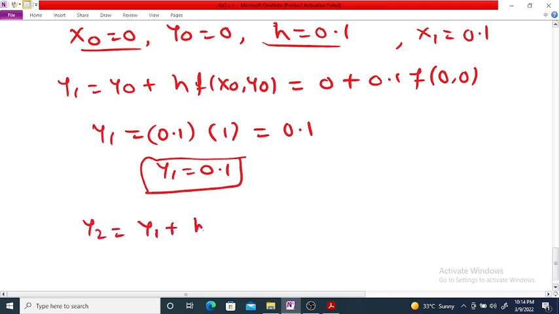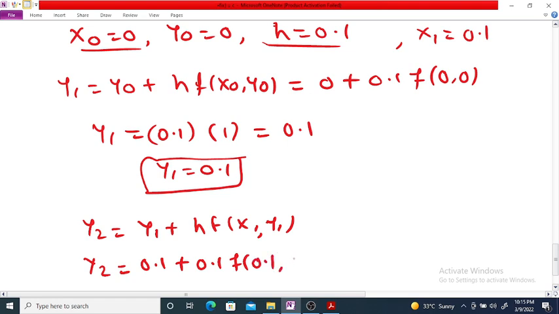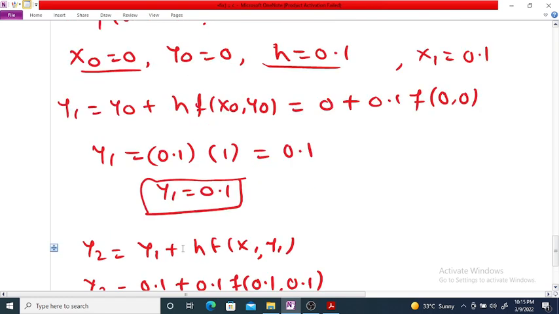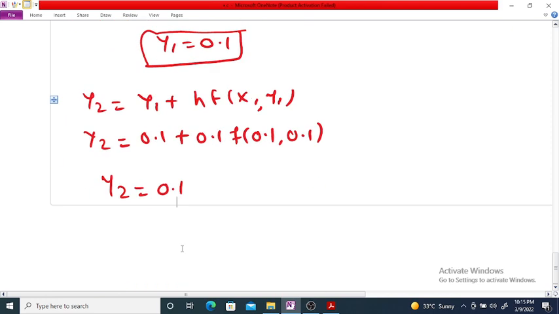y2 is equal to y1 plus h f of x1,y1. So y2 is equal to 0.1 plus 0.1 times f of x1,y1. x1 is 0.1 and y1 is 0.1. f of x,y is y square plus 1, so y2 is equal to 0.1 plus 0.1 times (0.1 squared plus 1).